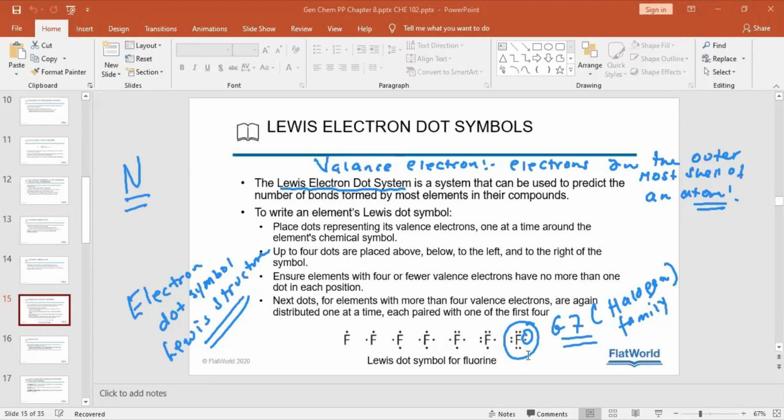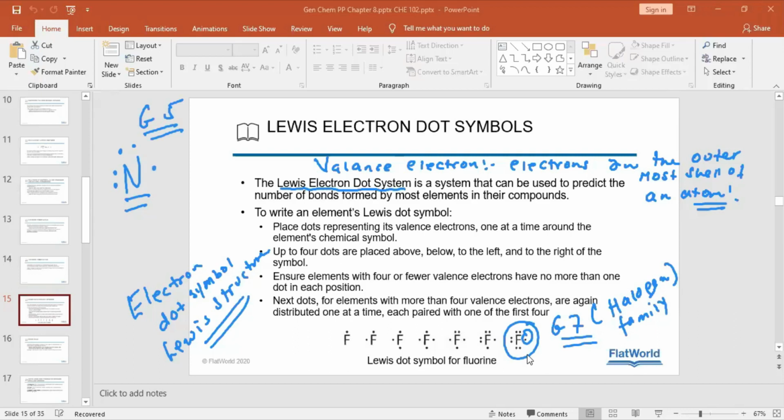If you have a periodic table, you can give me a prediction. Anyone would like to try? Nitrogen is in group 5. If it is in group 5, nitrogen has 5 electrons. So the electron dot symbol for nitrogen would be 2, 4, and 5. This is the electron dot symbol.